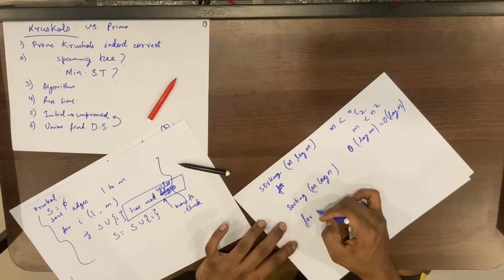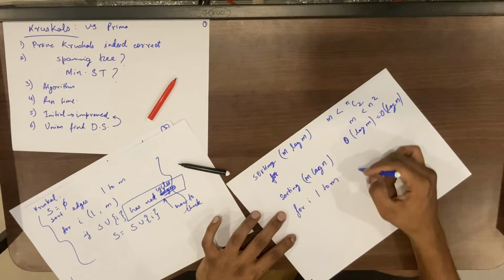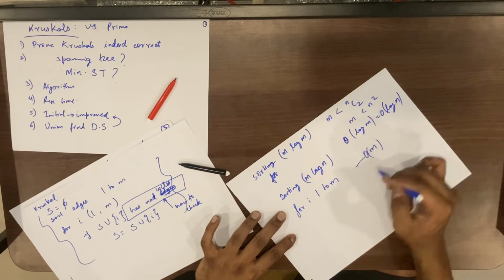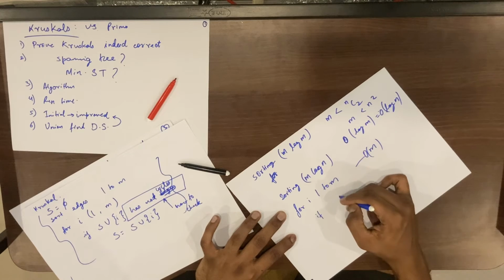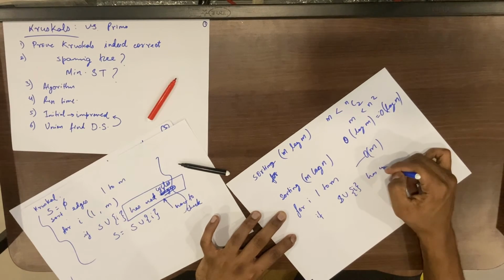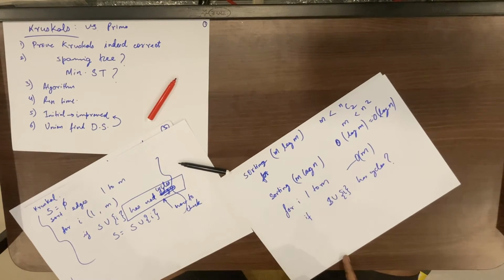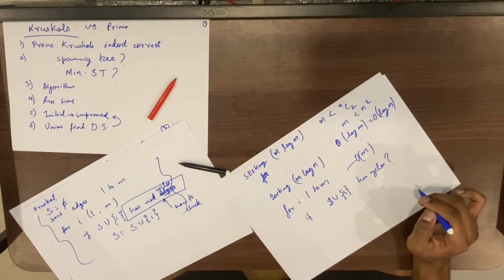So for i going from 1 to m, that's order m iterations. In each iteration what I do is check whether S union i has cycles. That's the question I ask my computer. And how do we check for cycles?